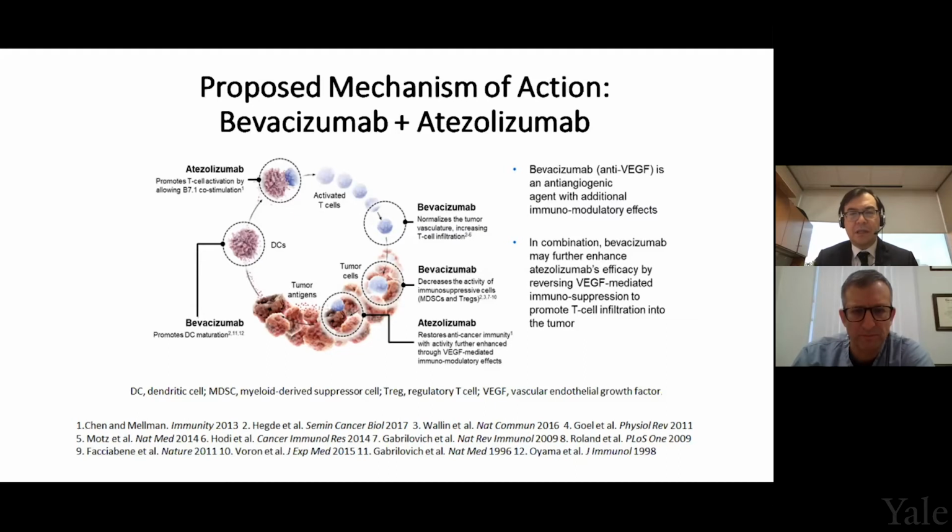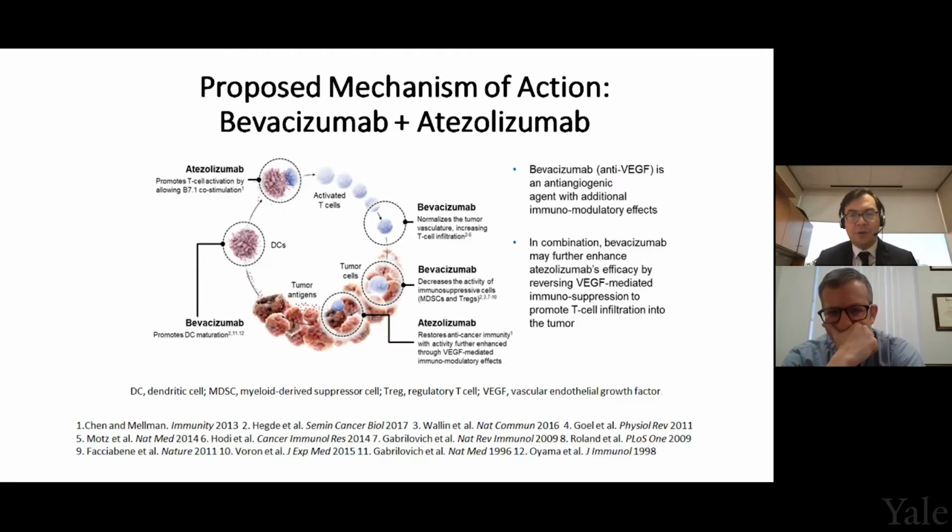Specifically, the VEGF inhibitors try to normalize. That means the irregular, abnormal vasculature of the tumor, once exposed to these drugs, becomes a more normal vasculature, therefore allowing the T cells to reach the center, or at least the periphery of the tumor.